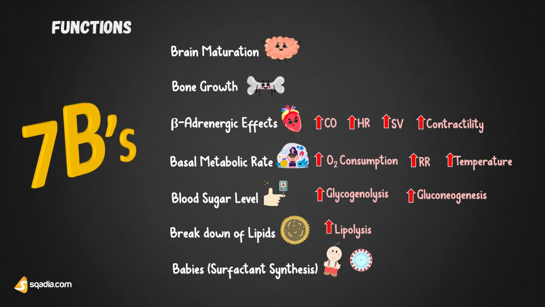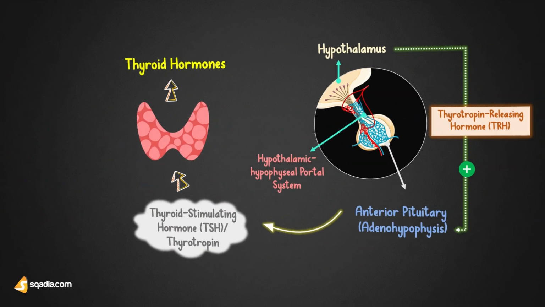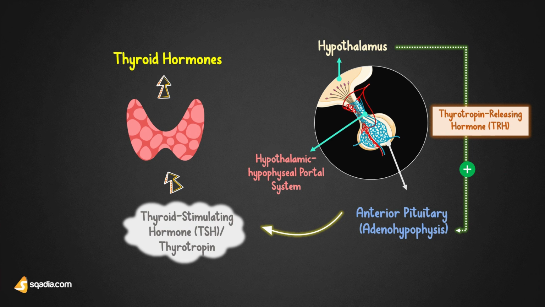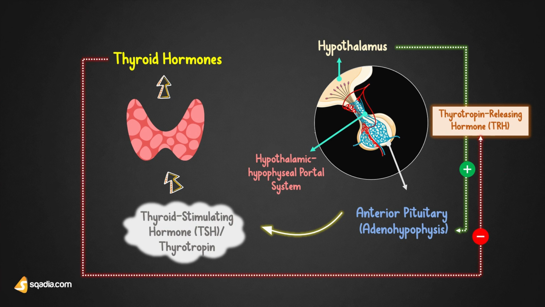All these functions can be memorized by the mnemonic 7 Bs, because all these 7 functions have their initial letter, B. Well, thyroid hormones regulate their own secretion through negative feedback control by inhibiting the release of thyrotropin-releasing hormone, or TRH, from the hypothalamus, and thyroid-stimulating hormone, or TSH, from the anterior pituitary.